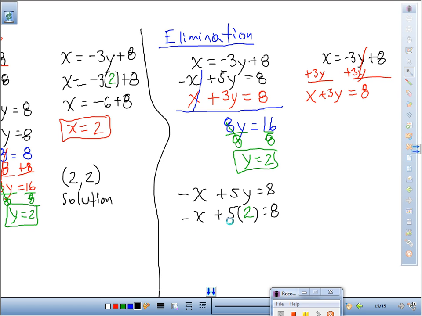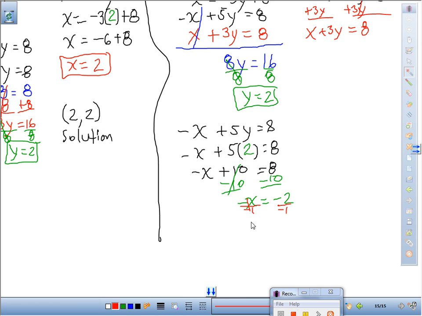What is 5 times 2? 10. Subtract 10 from each side. We're left with negative x equals negative 2. What is the coefficient of x here? Negative 1. So the inverse is to divide by negative 1. So x is equal to 2.